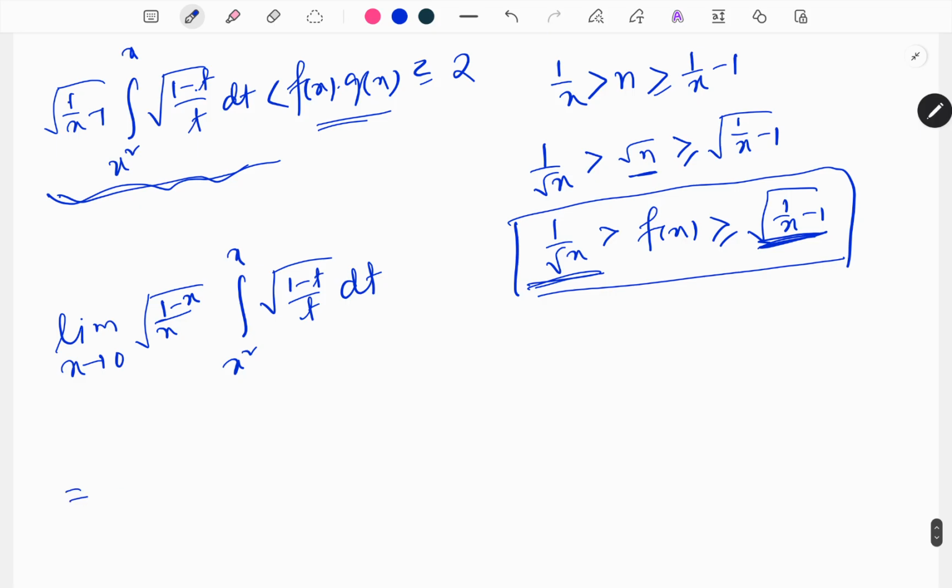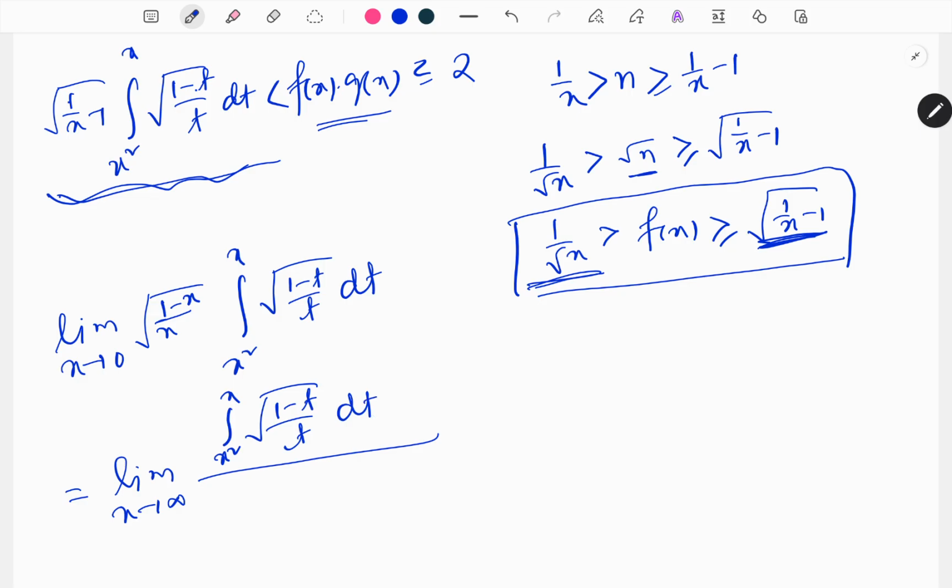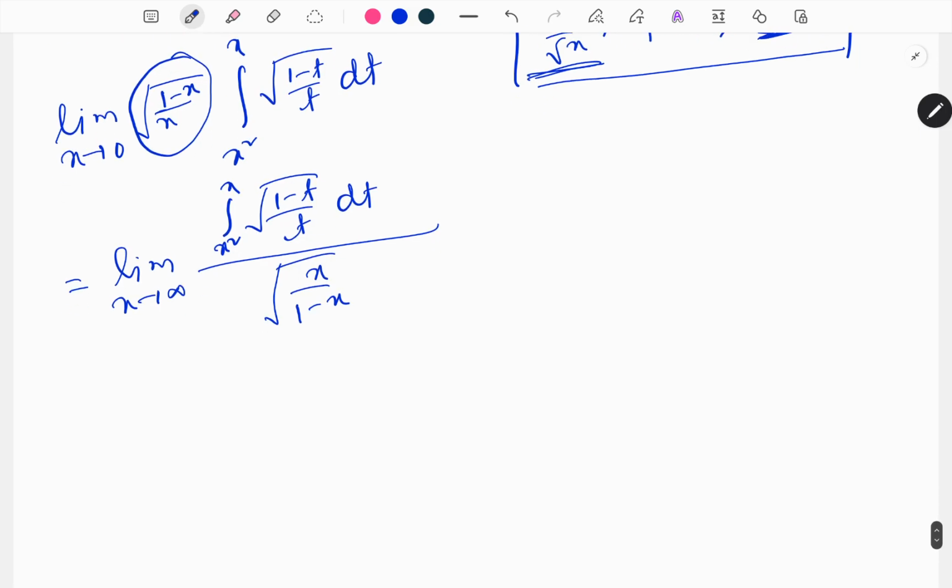We can write this as the limit as x tends to 0 of the integral from x² to x of square root of (1 minus t)/t dt, and this term we can write as square root of x divided by (1 minus x). Now apply L'Hospital rule.